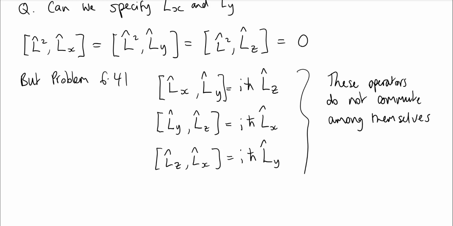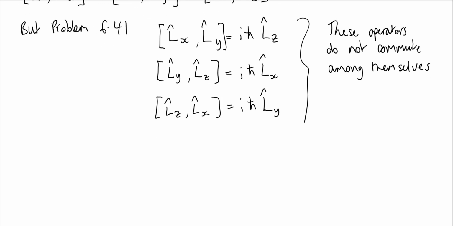So this all says that while it is possible to observe precise values of L squared and L sub z simultaneously, it is not possible to observe precise values of L sub x and L sub y simultaneously because they don't commute with each other, right?